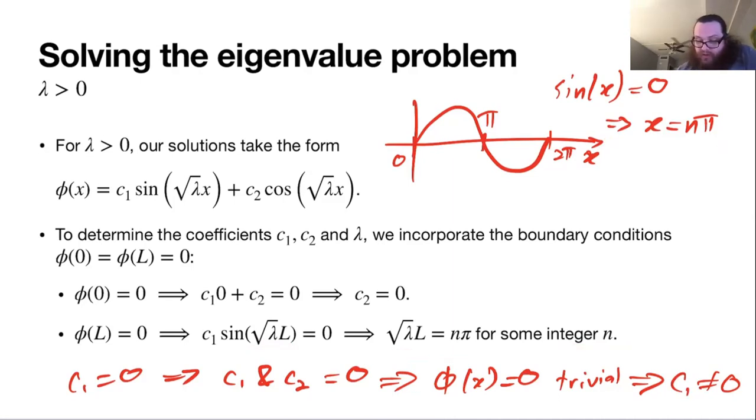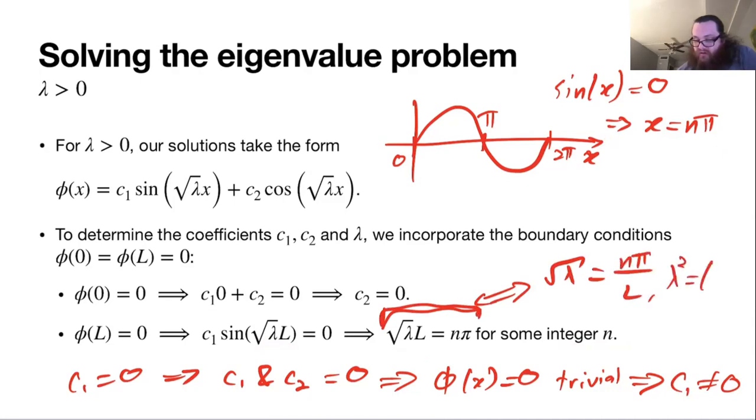And we can write it a few ways. Another way of writing this is that root lambda is equal to n pi over L. Another way is lambda is n pi over L quantity squared.